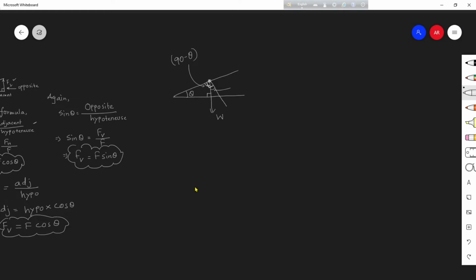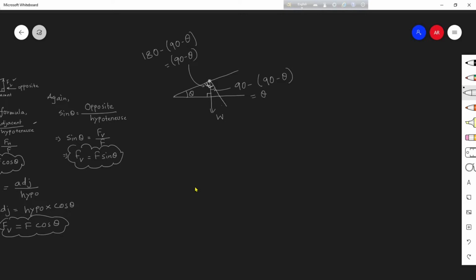When we consider the perpendicular to that inclined slope, what angle does this perpendicular to the slope make with W, the weight? So just look at this geometry.